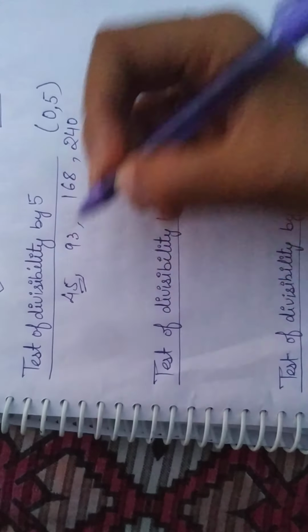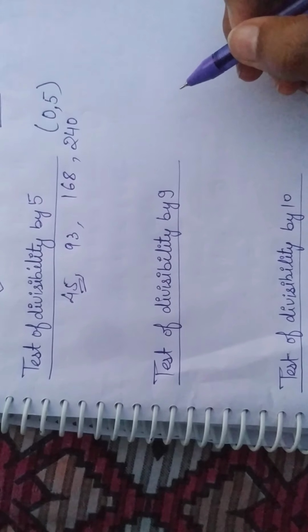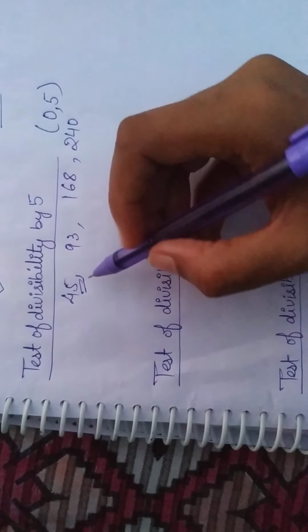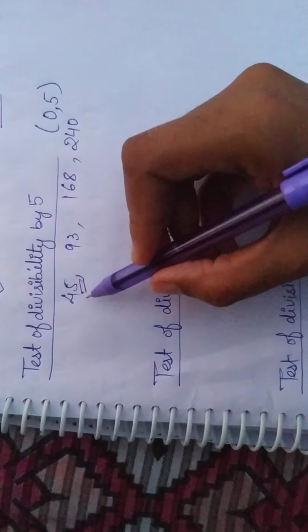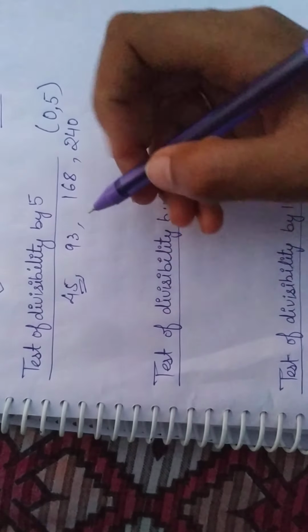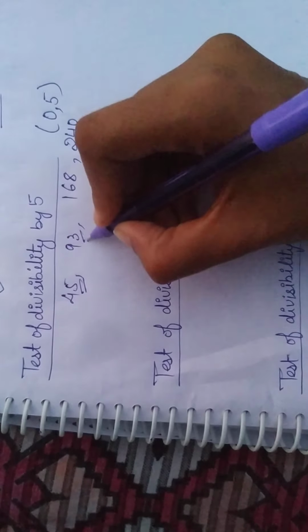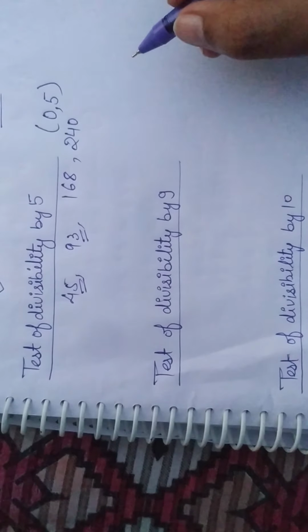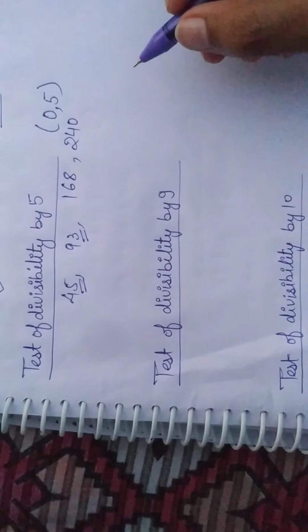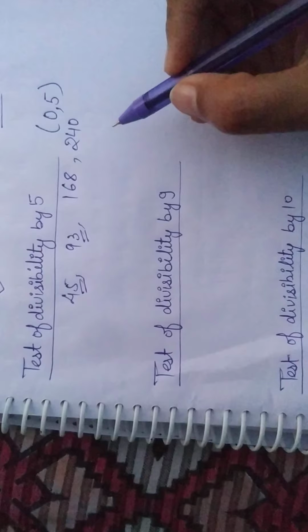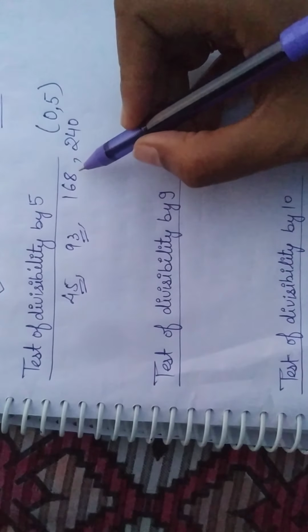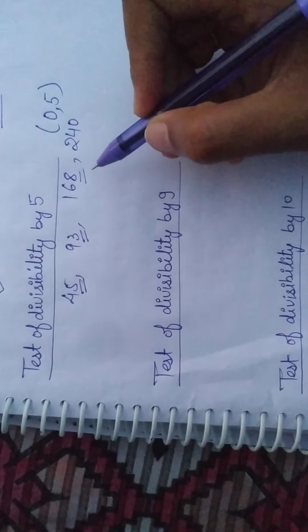So in 45, ones place is 5. So you can say at ones place 5 number is there. So you can say 45 is divisible by 5. In 93 at ones place 3 is there. So you can say 93 cannot be divided by 5. So 93 is not divisible by 5. Now 168 at ones place, you can see 8 is there.